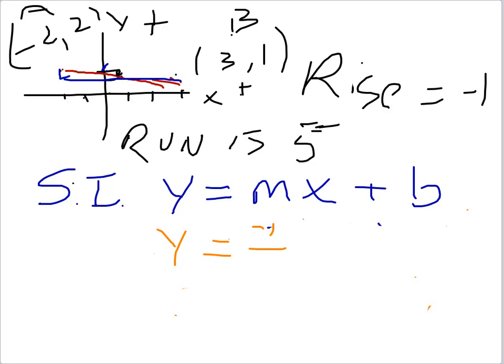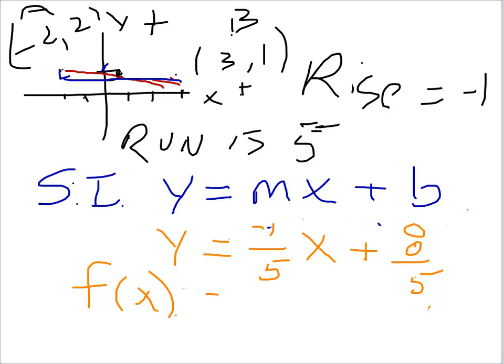It's a fall of minus 1 for every run of 5, so minus 1/5 times the x value plus my 8/5. That gives me an equation of a line that is actually a function, and so I could say the function of x that is y is going to be given by that equation.